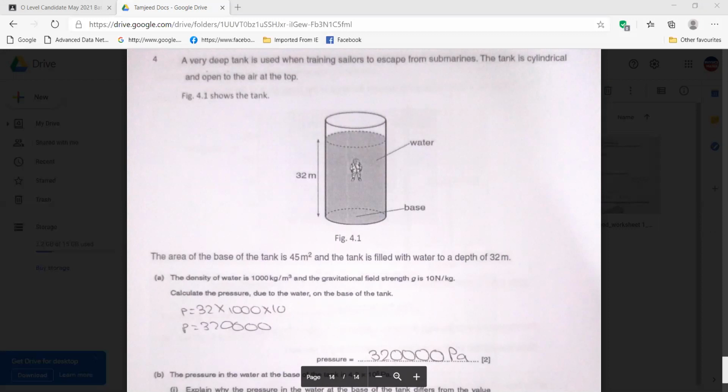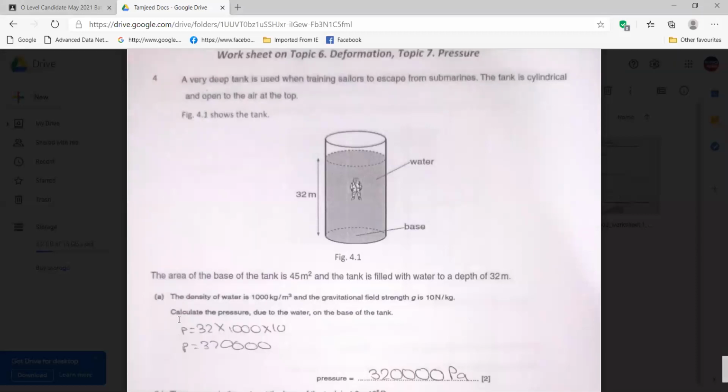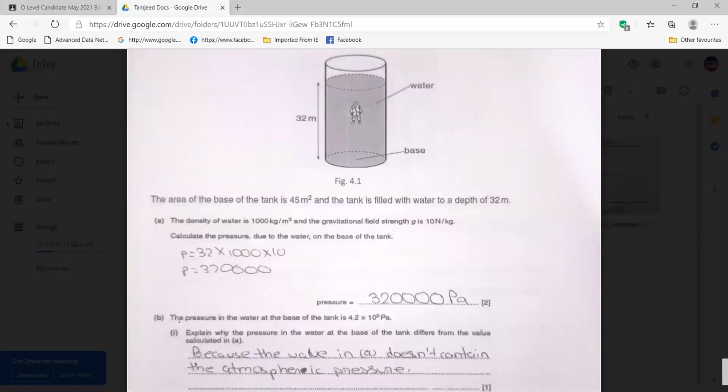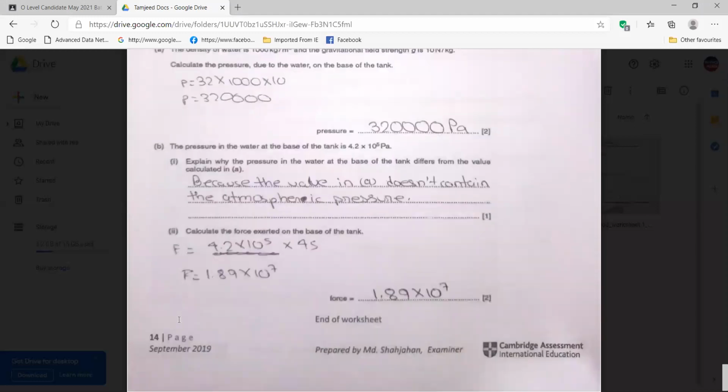Same thing, same thing. Okay. Here you consider same thing. Okay. Now look, 3.2 into 10 to the 5.